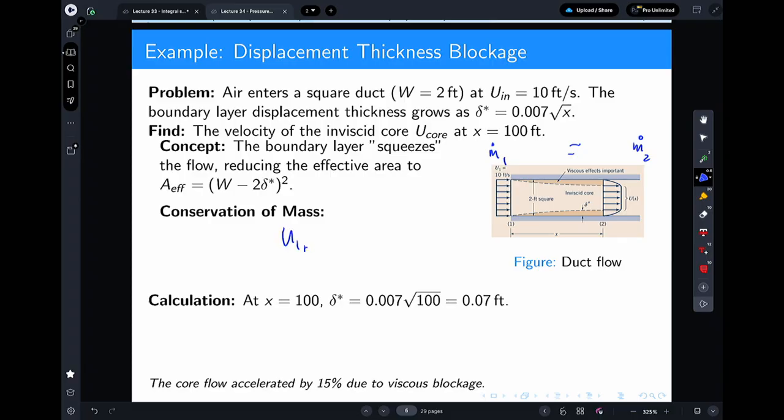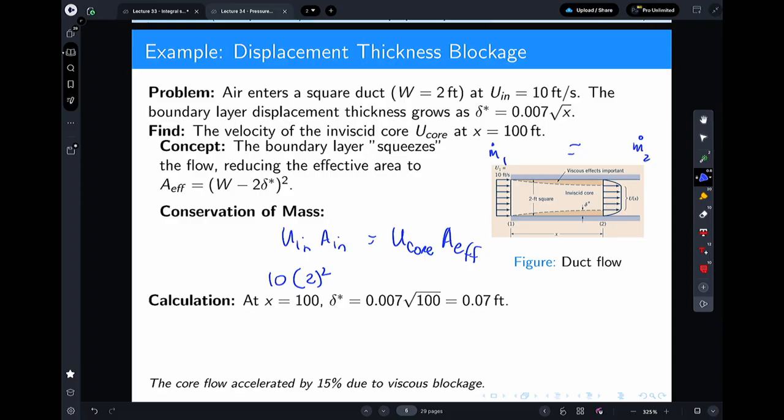So we can say U in A in equals U core A effective. That's 10 feet per second times 2 squared, since it's a square cross-section, 2 by 2.